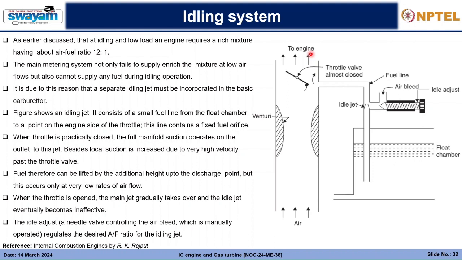Now we will understand what is required extra if we need to operate at a very low speed or idle condition. As discussed earlier, idling or low load condition requires a rich mixture.